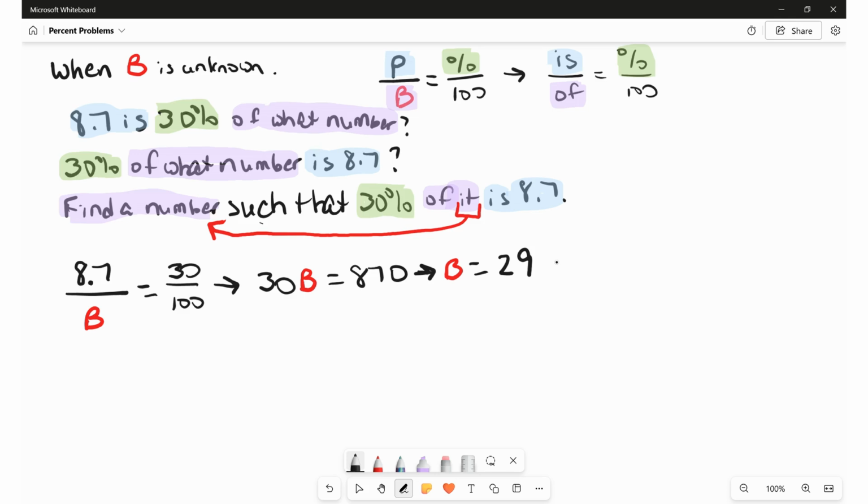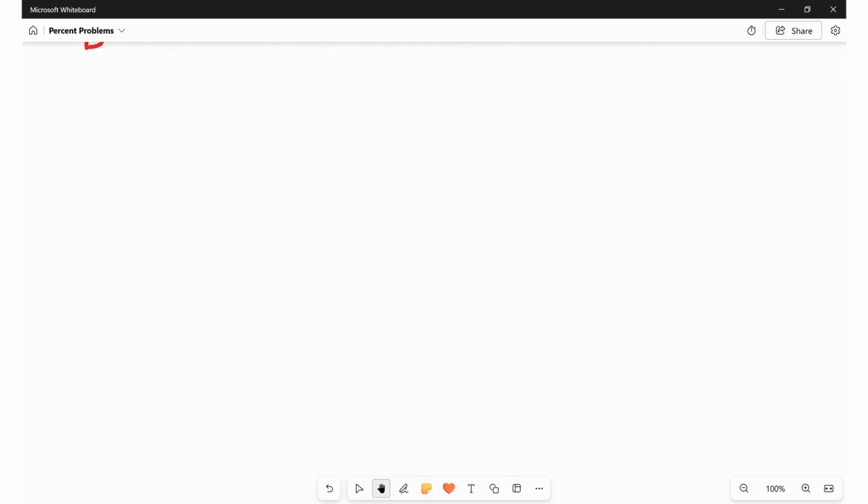Okay, so then the last thing that I want to look at is a word problem really quickly here and look at how to set this up, okay? So I'm actually gonna set up a text box here so that I can do this a little bit quicker.